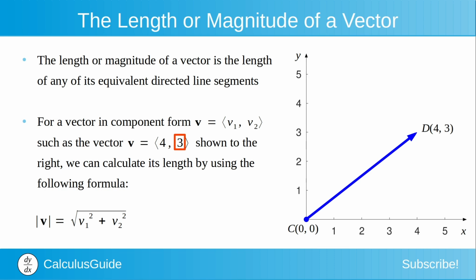So the length is equal to the square root of 4 squared plus 3 squared. 4 squared is equal to 16, and 3 squared is equal to 9. 16 plus 9 is equal to 25, and the square root of 25 is equal to 5. So we've calculated that the length of the vector V shown to the right is equal to 5.